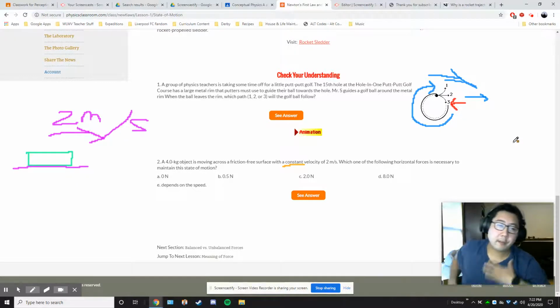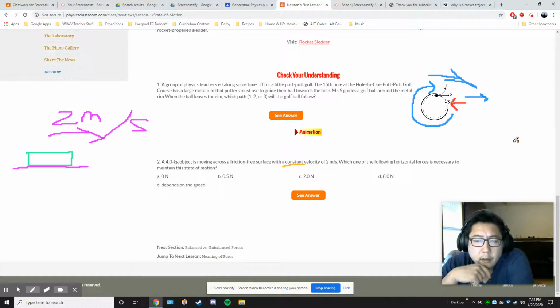So, because it's maintaining a constant speed, the only thing that is needed to keep this object in motion is whatever initial force there was to begin it.